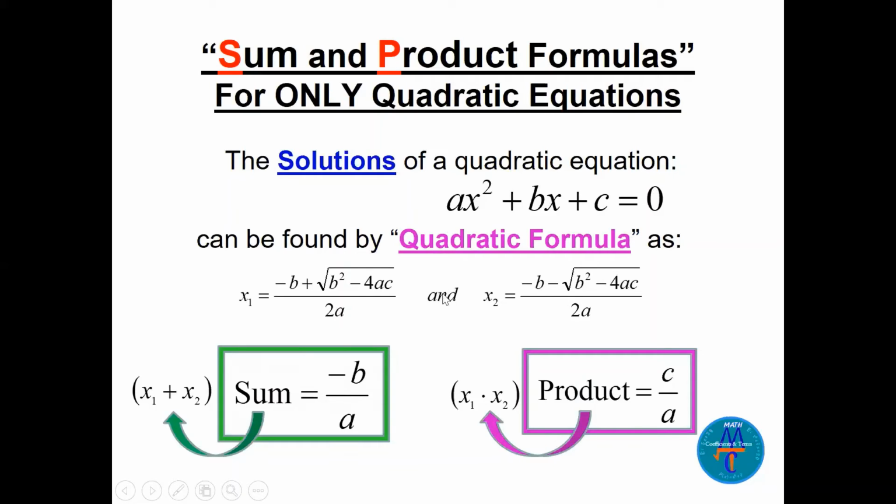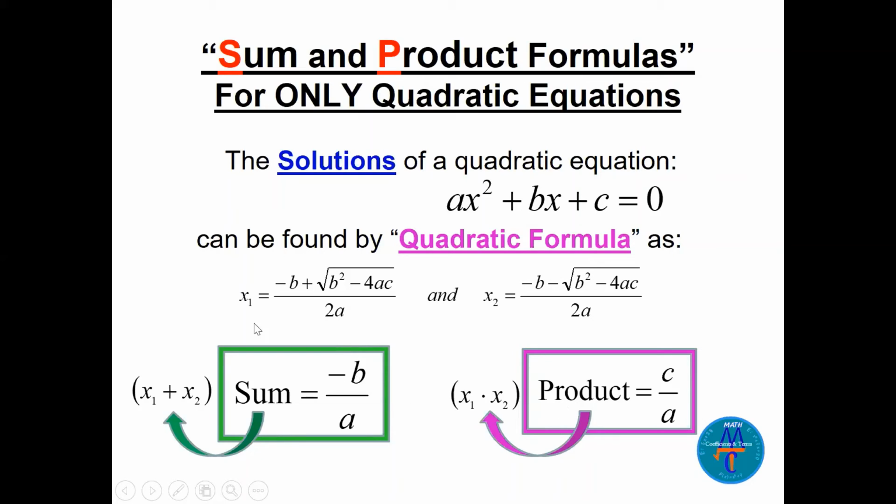You can try, please, by yourself. If you add x1 plus x2, you will get this formula, minus b over a. Believe it or not, when you add this and this, you will get minus b over a. That's the green one here, a new formula. It's called the sum of the solutions or the sum of the roots, minus b over a.